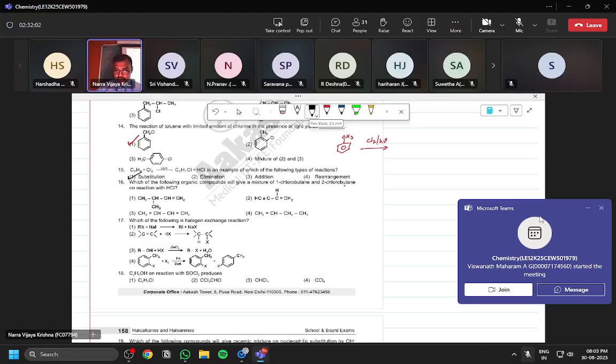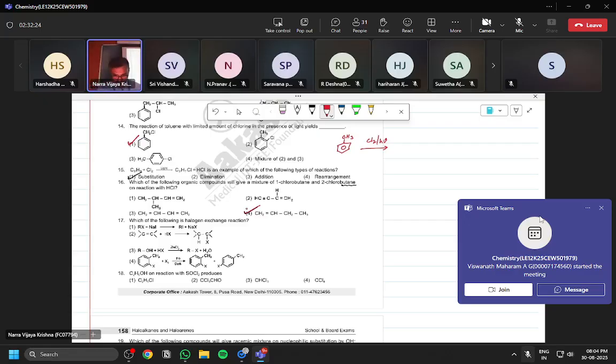They are saying butane, not butene. Answer must be the fourth option. You are getting 2 chlorobutane as major, Markovnikov. 1 chloro means anti-Markovnikov.